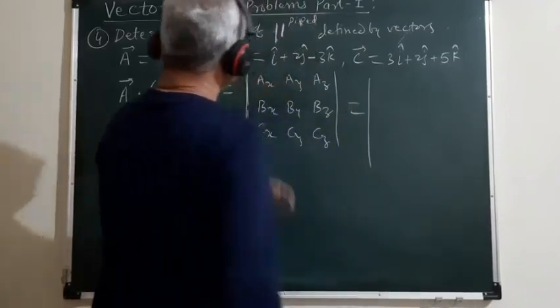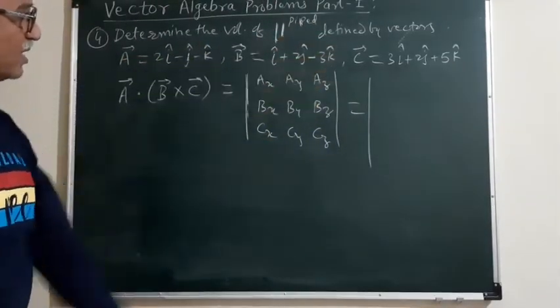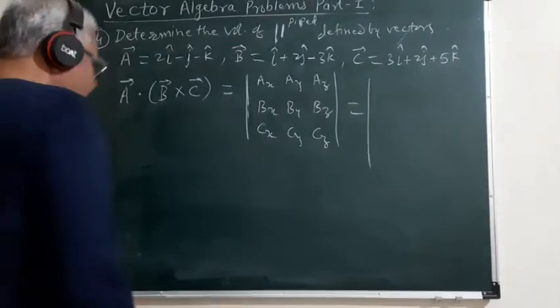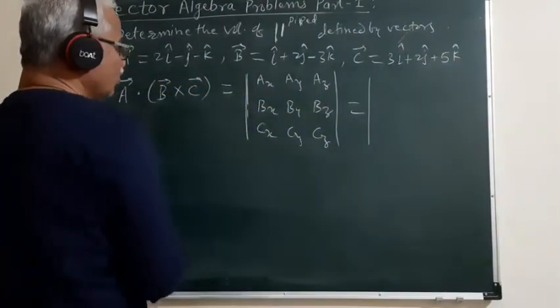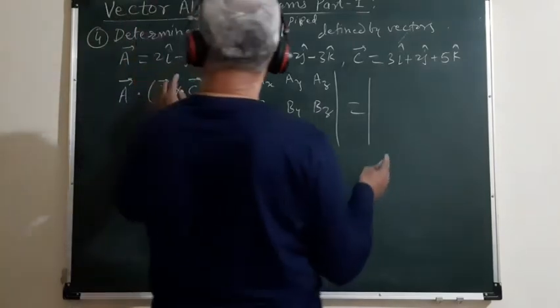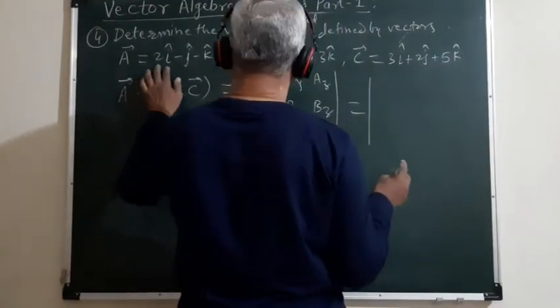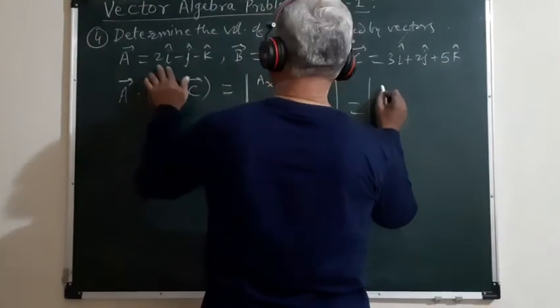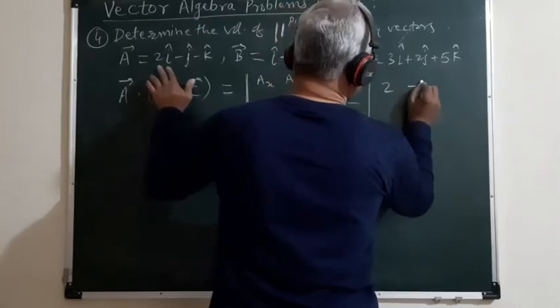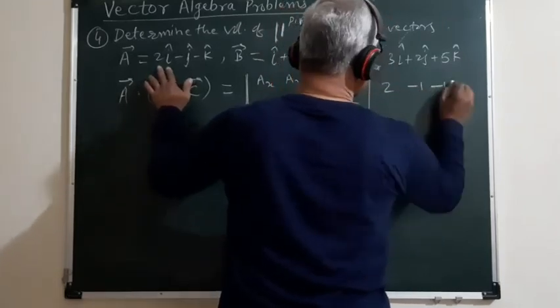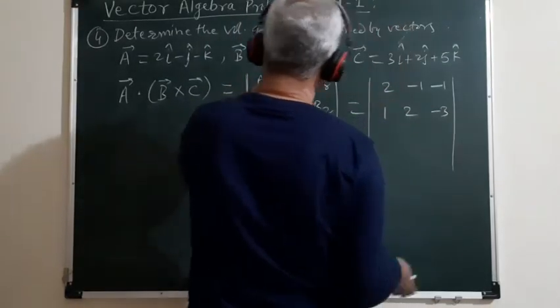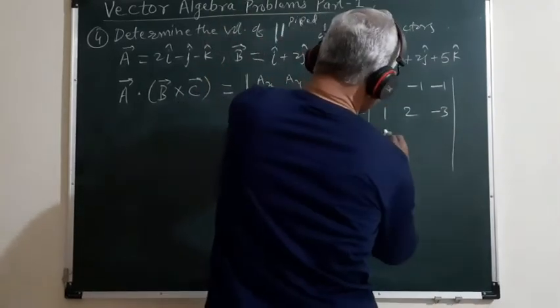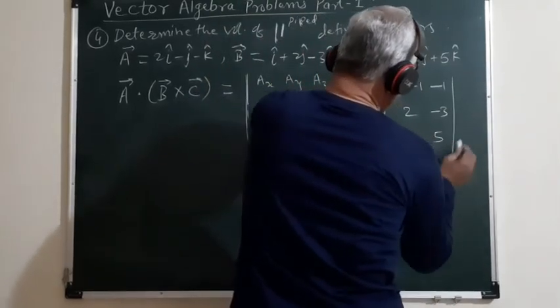So using these expressions for the vectors A bar, B bar and C bar, we can express the scalar triple product as the determinant of the components of these three vectors. The first row will be 2, minus 1, minus 1. The second row will be 1, 2, minus 3, and the third row will be 3, 2, 5.